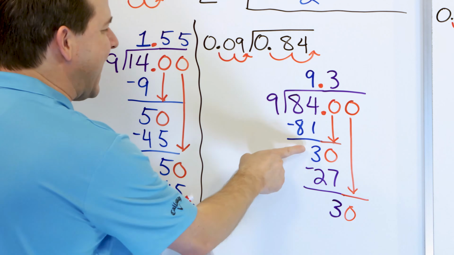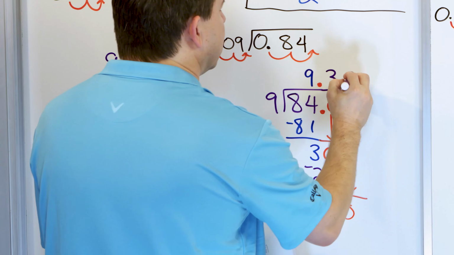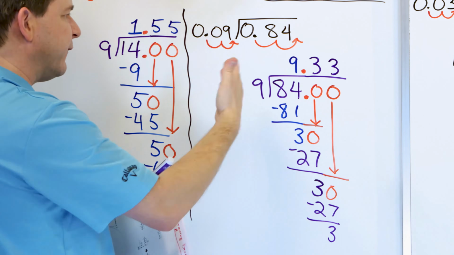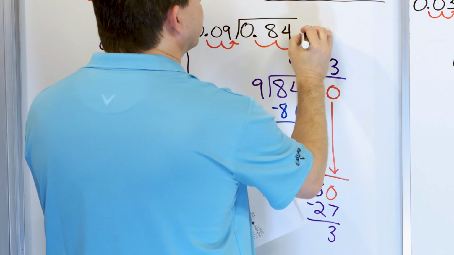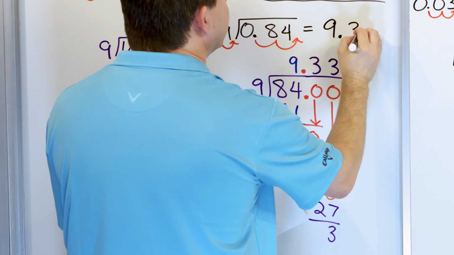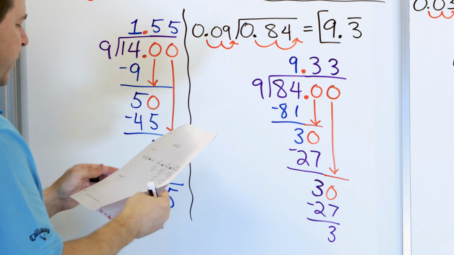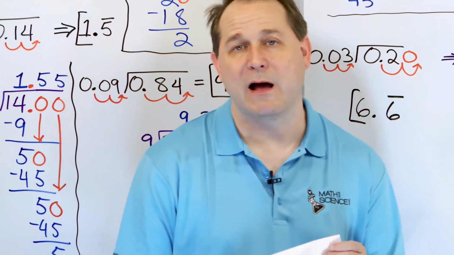And now I start to see the pattern. 30s are appearing. 9 times 3 is 27, subtract, and I'll get 3. This process will repeat over and over again. So the answer to the original problem is 9.3 with a repeating bar over the 3. And that is the last problem in this lesson.